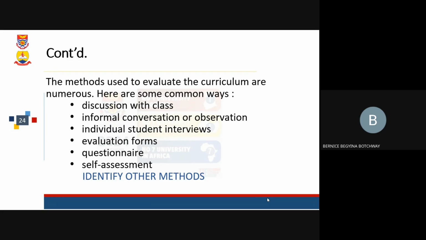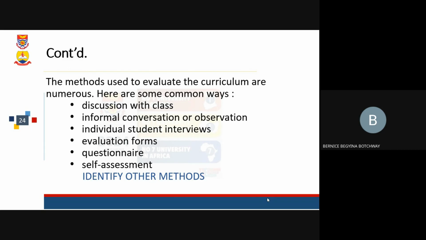As a teacher, if you're part of the curriculum developers, you can just have a discussion with the class to see how they are experiencing or interacting with probably a textbook, some teaching methods, their teacher's abilities, or anything which involves the curriculum. It can be through an informal conversation or observation.